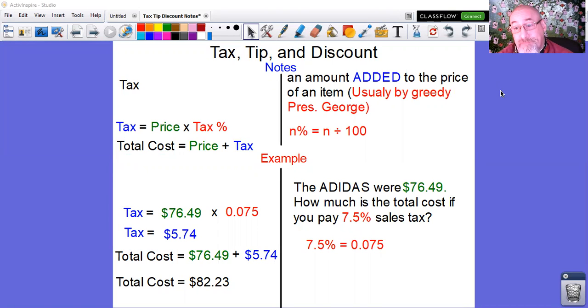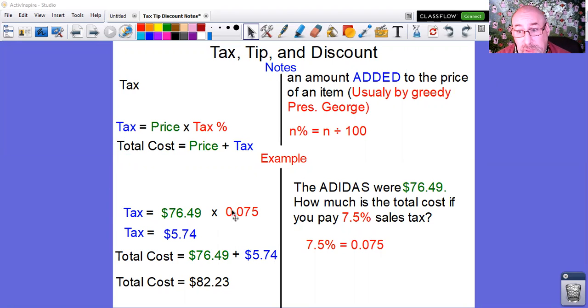For example, Adidas were sold for $76.49. How much is the total cost if you pay 7.5% sales tax? So we take our tax amount, we have to find that.